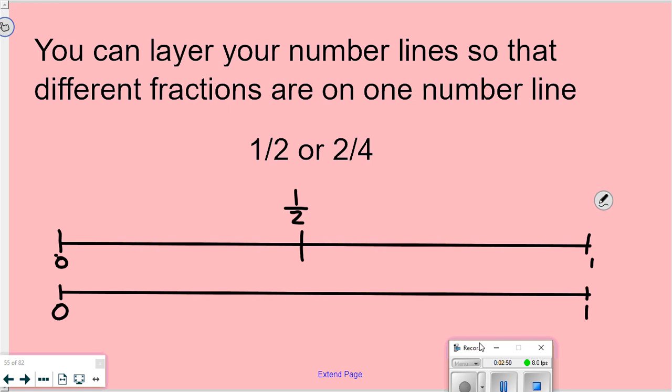Mackenzie, how many spaces, how many pieces do I need if I'm counting by fourths? 4. I'll start with half first, and then half of a half. I can count my spaces: 1, 2, 3, 4. You can easily tell where 2/4 is going to go. Yes?